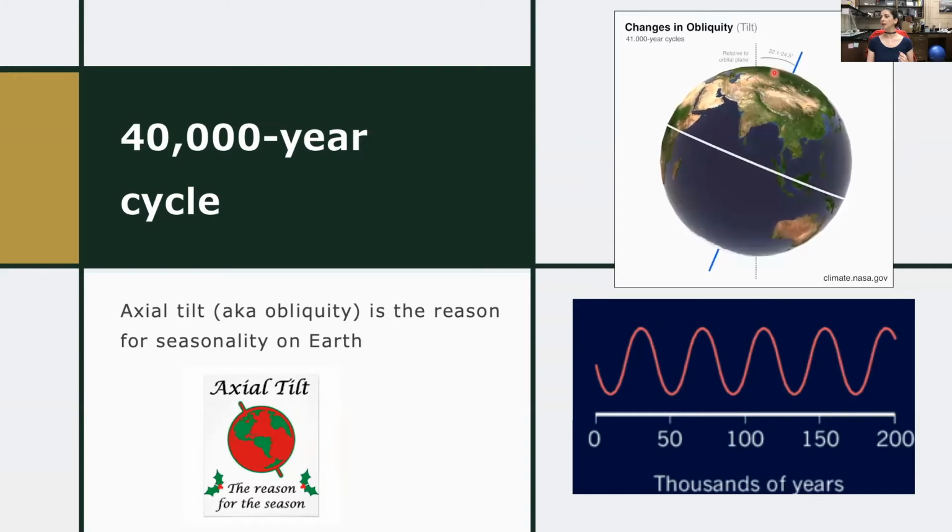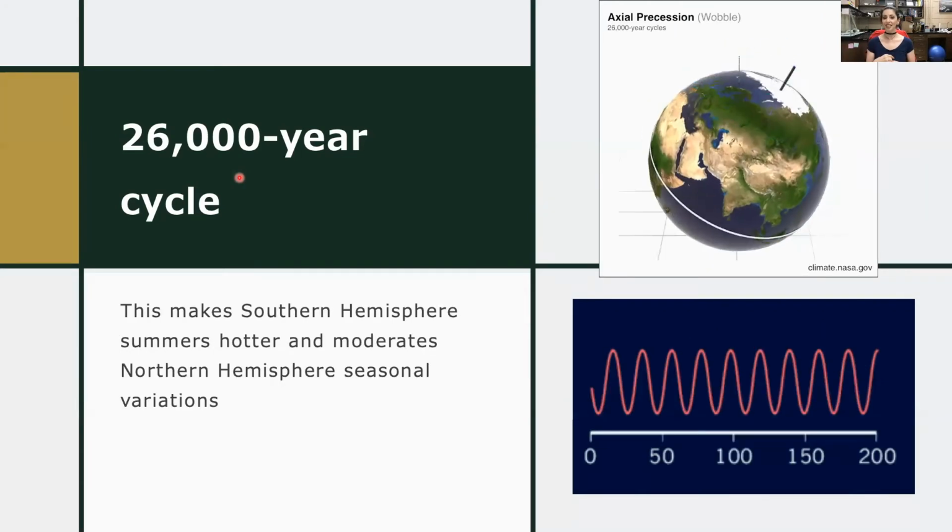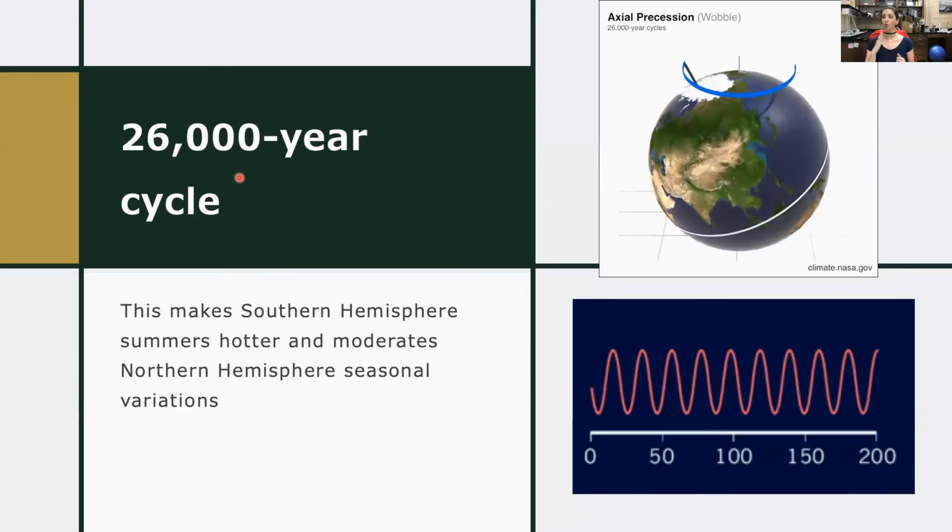The next one is changes in the Earth's tilt, or obliquity. Right now, we are at 23.5 degrees, I believe, which is roughly midway between the most extremes in Earth's tilt. This is on a 40 to 41,000 year cycle. And axial tilt is the reason why we have seasons on Earth. Finally, we have axial precession, or wobble.